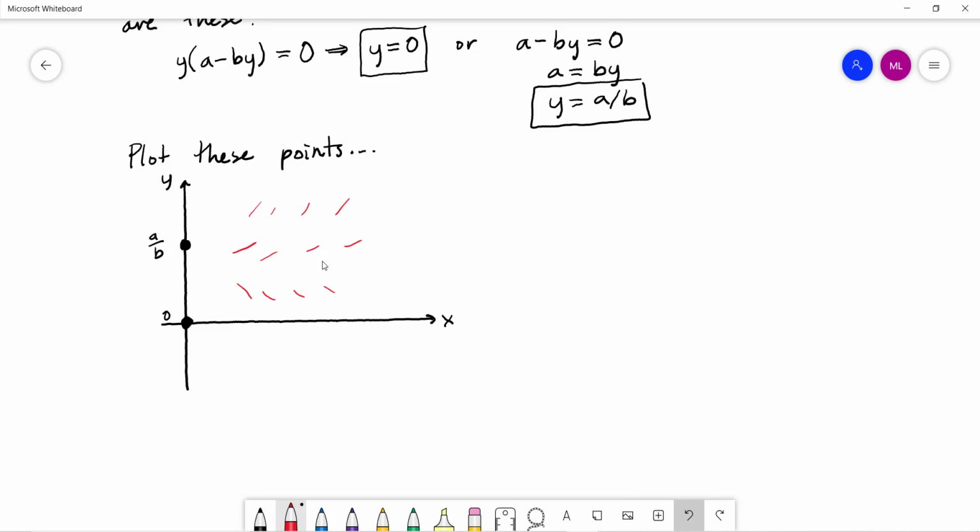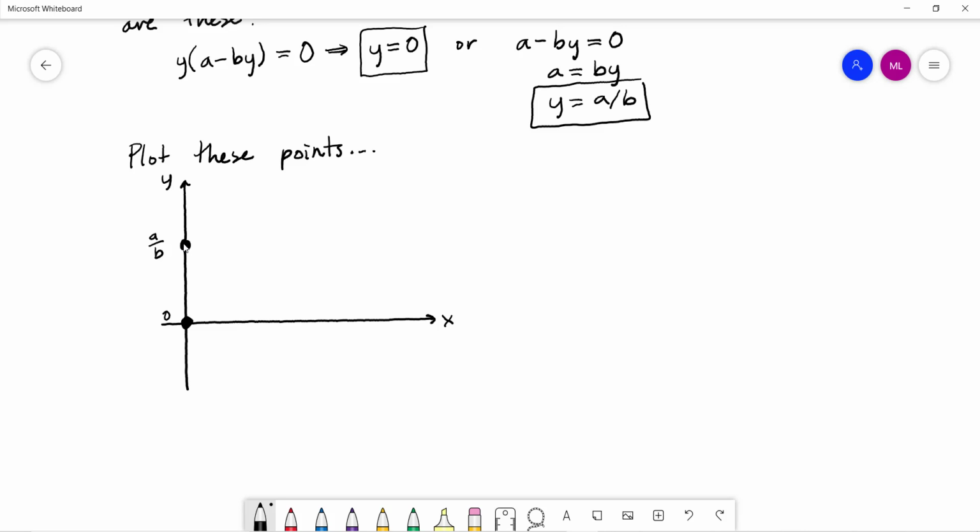So let's get rid of all those lines, which I drew randomly and are probably incorrect. And let's think about what this is going to look like. If I pick the solution to go through the point y equals a over b, what's going to happen to it? So I'm picking y of x, our curve that we're trying to graph, to go through this point.